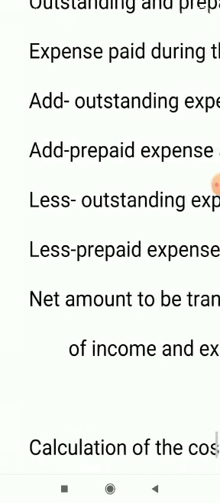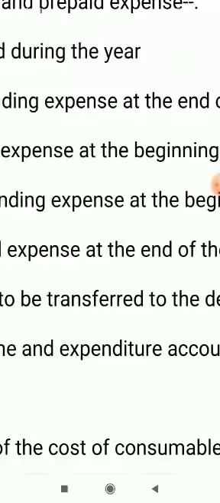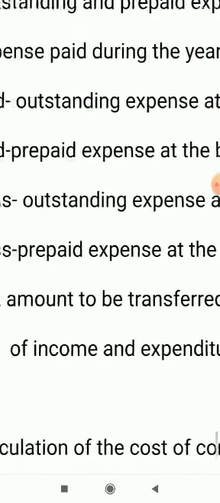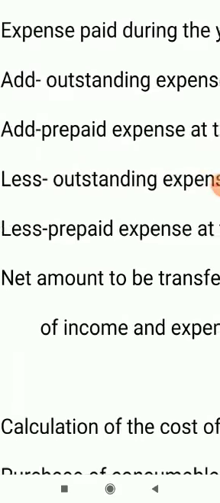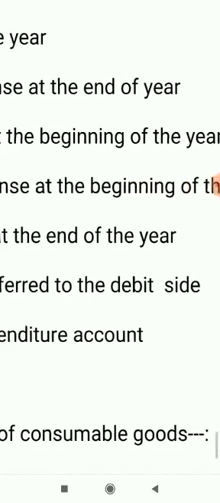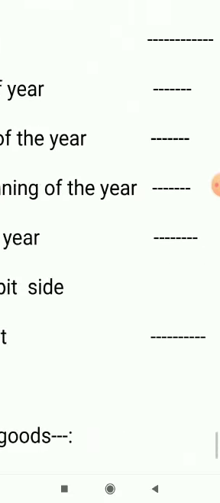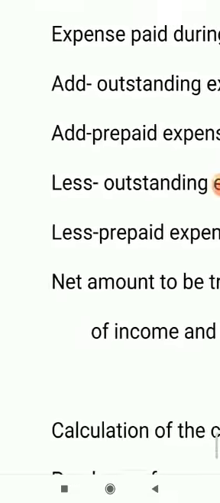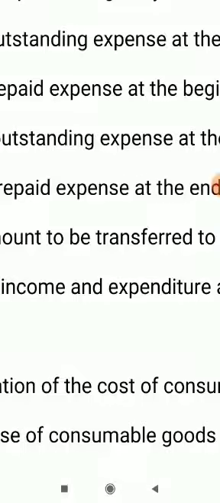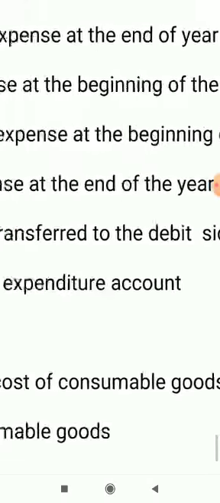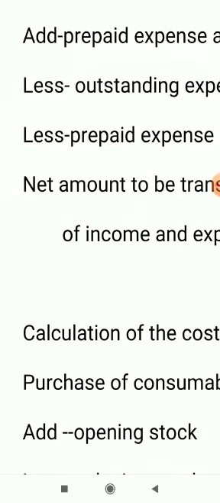Then less outstanding expense at the beginning of the year. After this, less prepaid expense at the end of the year. After that, calculate all these. After calculating, the net amount will come, and this net amount will be transferred to the debit side of the income and expenditure account.